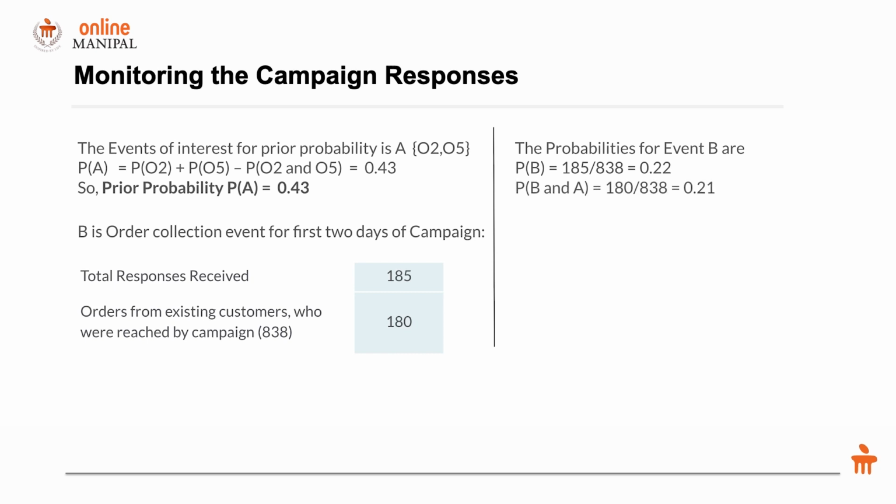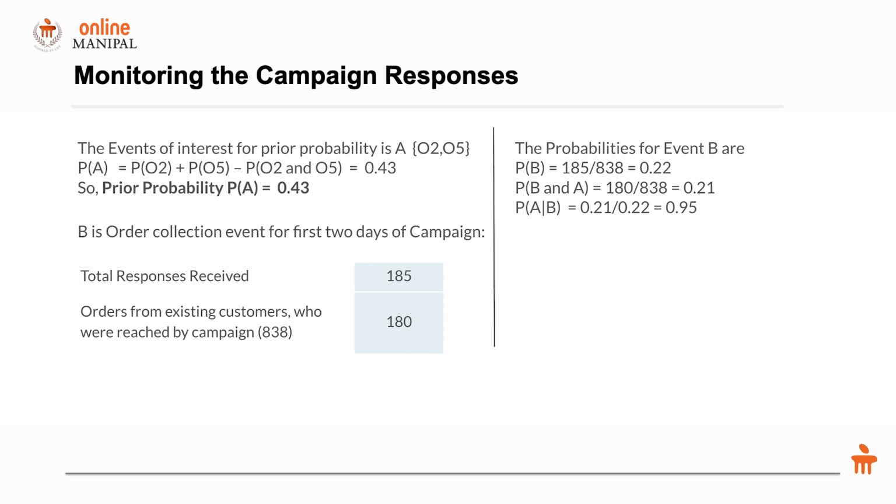Probability of B and A would be 180 customers who came back with the order request divided by the total number, 838. And finally, the conditional probability, the probability of event A, given that event B is already known, would be 0.21 divided by 0.22, coming out to be 0.95.